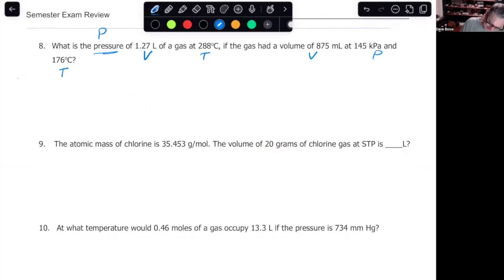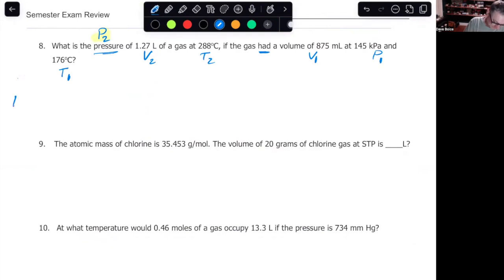If the gas had, so here we go, this had a volume. That means this is my one, this is my one, this is my one. Be very careful that you are reading the question so you know which one's your one and which one's your two. So this would make P2, V2, T2. And again, I would like to solve for P2.